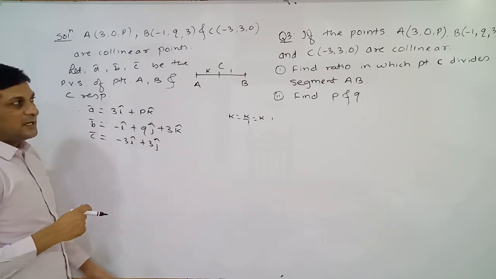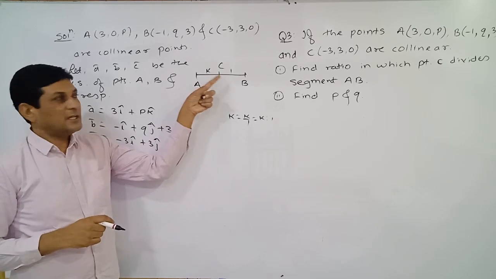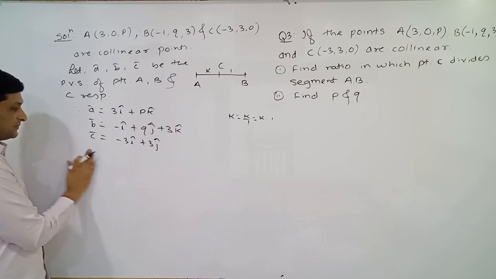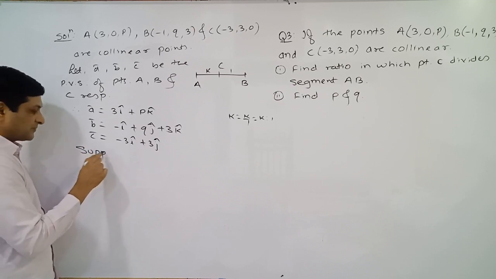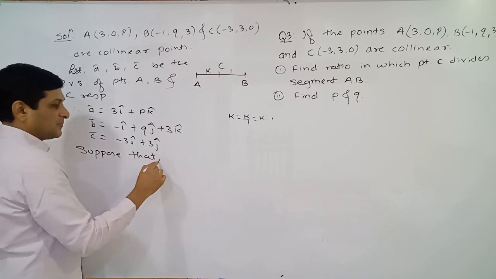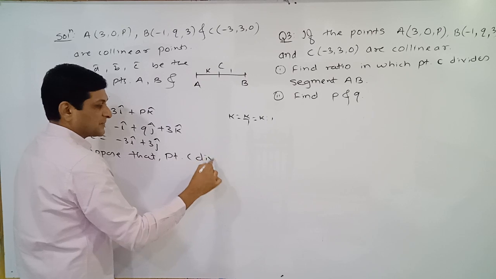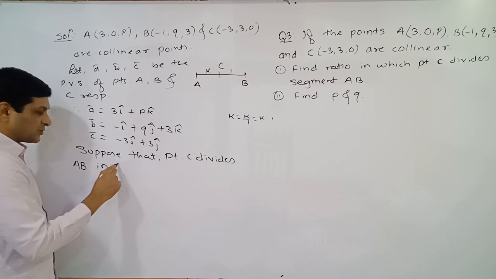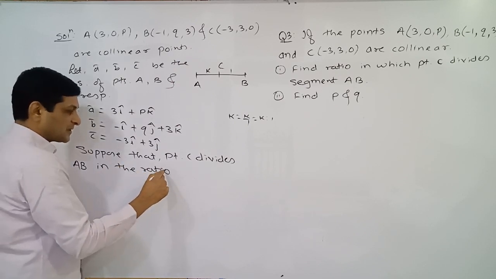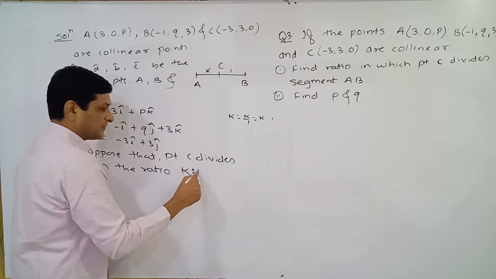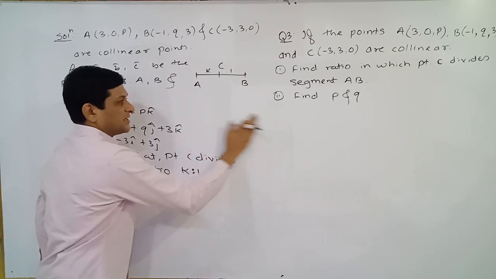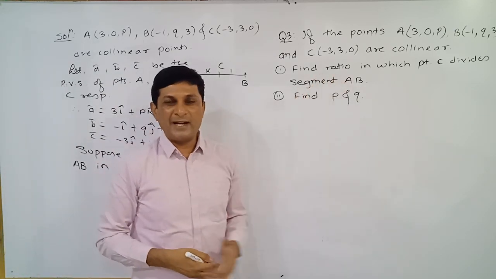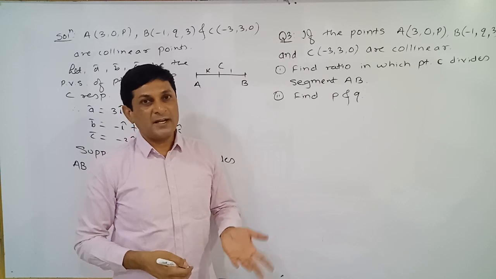Now I am supposing that point C divides segment AB in the ratio k is to 1. Okay. So now we have denoted the ratio by k is to 1. In this case it is not given to us whether point C divides this segment internally or externally.